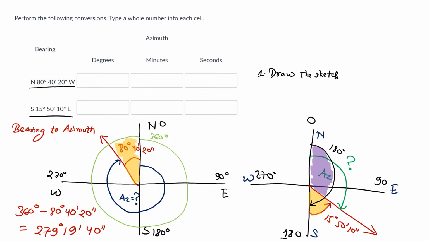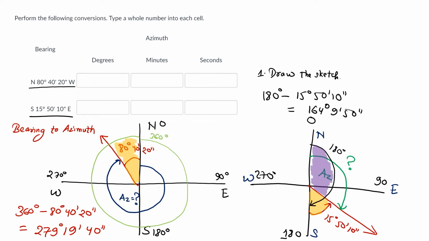What you do is you simply subtract this angle from 180 degrees, so 15, 50, 10 seconds, and if you do that, you get 164 degrees, 9 minutes and 50 seconds.